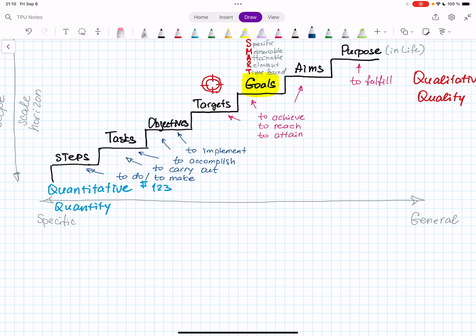So see, now we have not only the scope of goals, we have the verbs that we can use for respective types of goals. So to make a certain step, you carry out a certain task, you accomplish or implement your objective, you achieve your targets or reach your targets, reach your goals, attain your aims, or you fulfill your purpose.